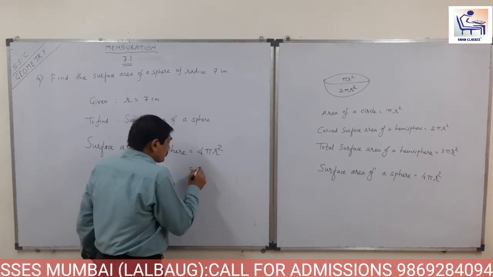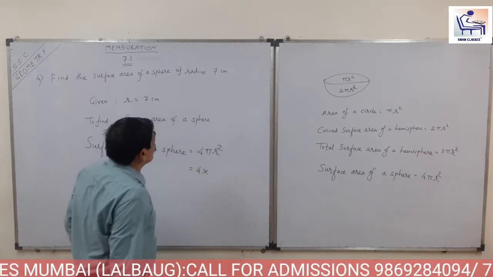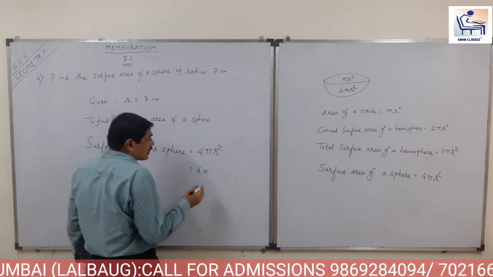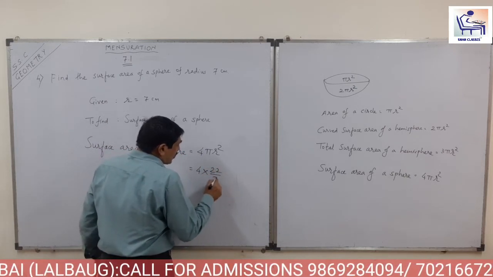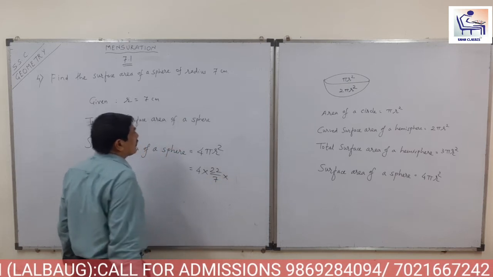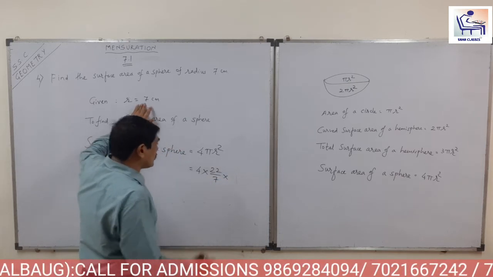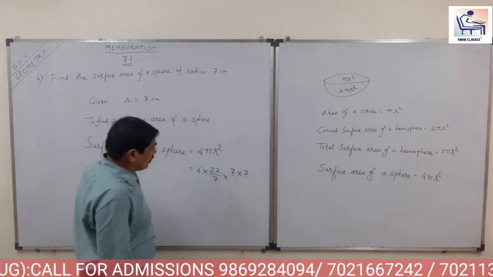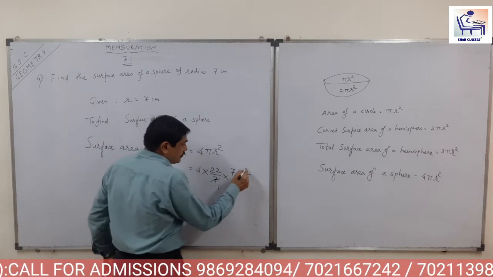Now pi, what is the value of pi here? We have to take 22 upon 7. Okay, nothing is given, so we will take 22 upon 7. Now what is the radius? It is 7. So please cancel this.